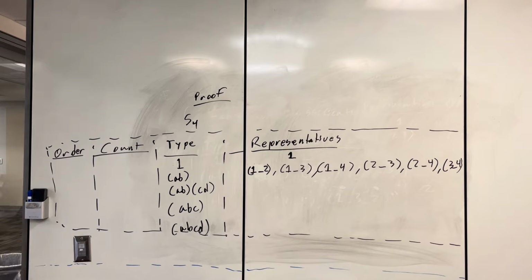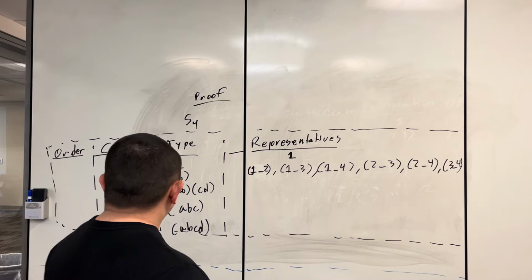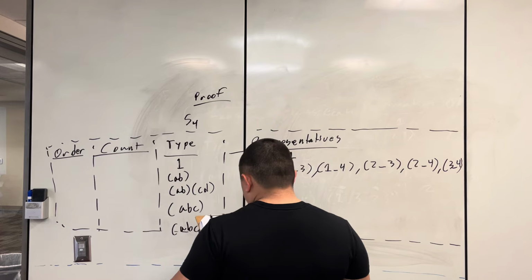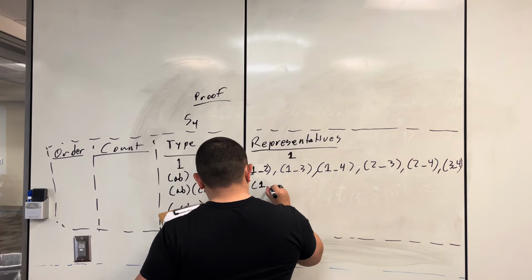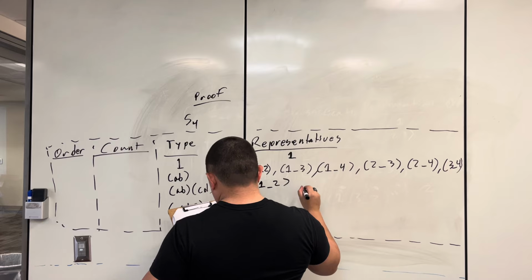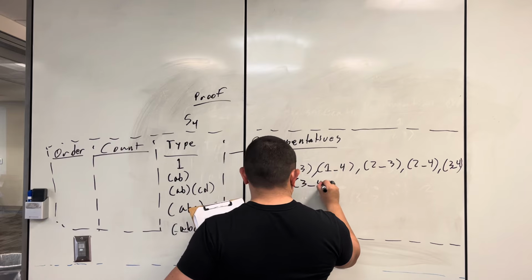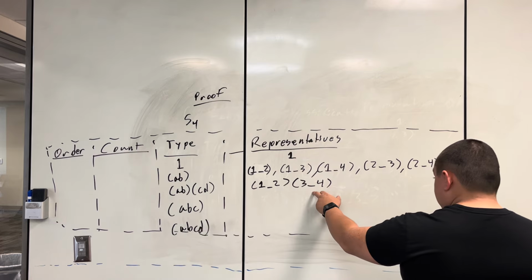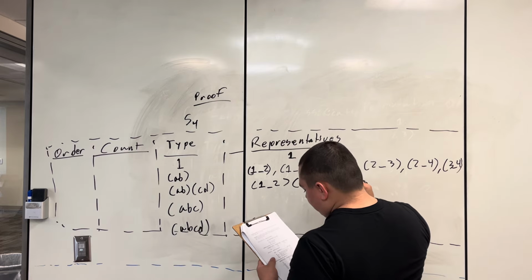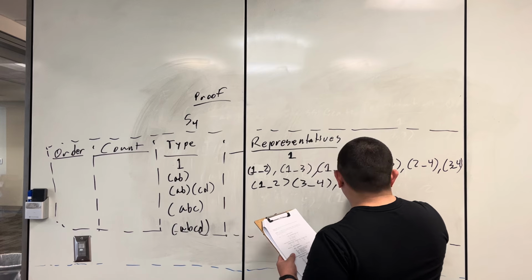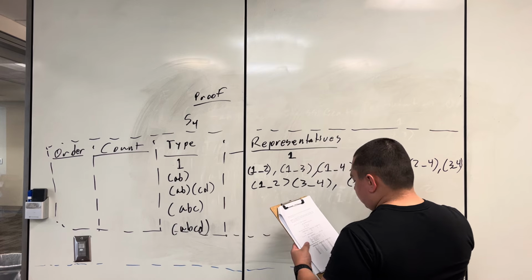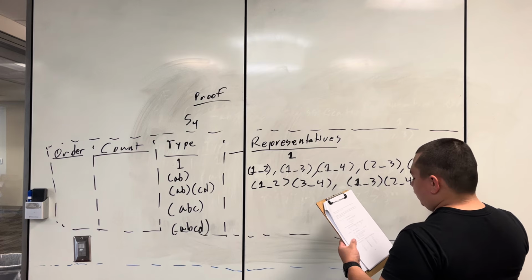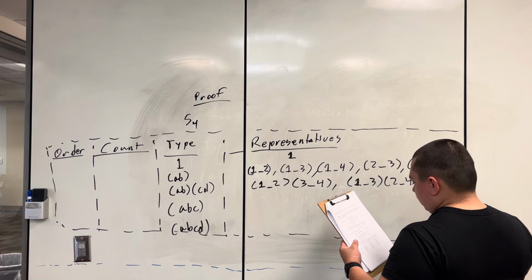Now, let's look at (AB)(CD). So this one would just be, right, 1, 2, oh goodness, 3, 4, okay. (1 2)(3 4), (1 3)(2 4), (1 4)(2 3). It's getting hard to say all of the parenthesis notes.